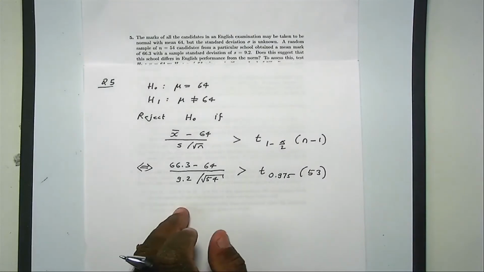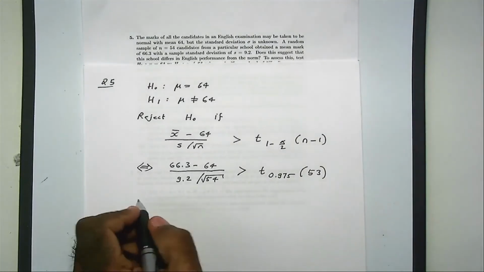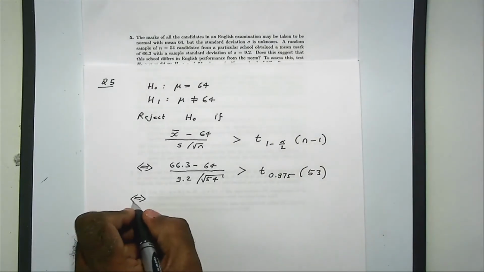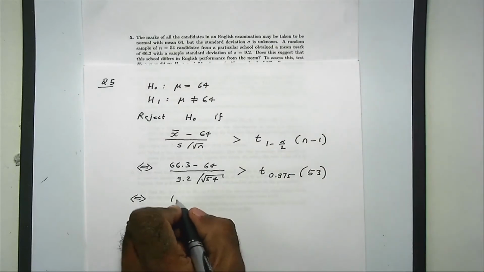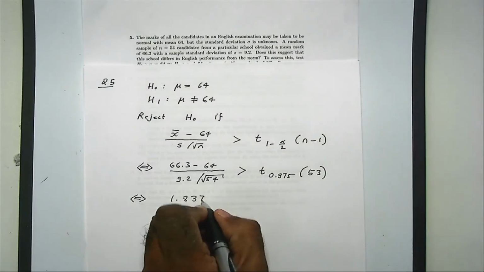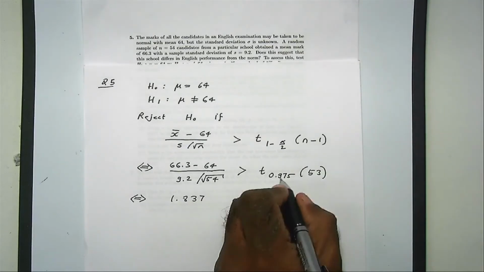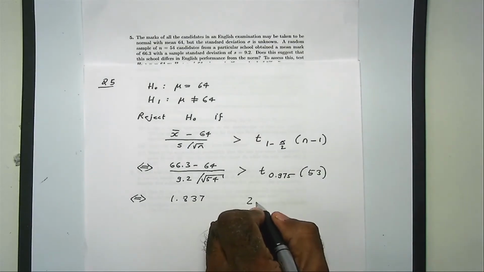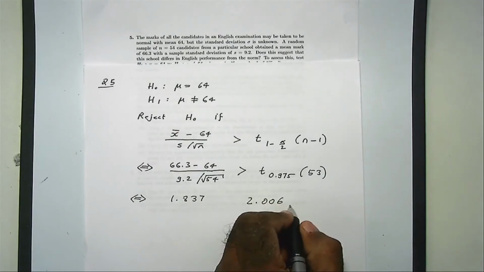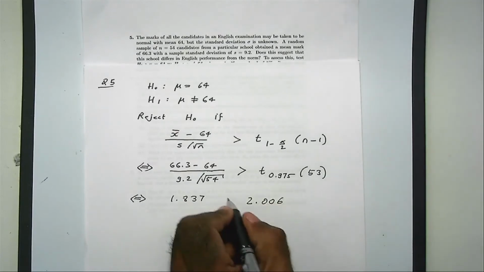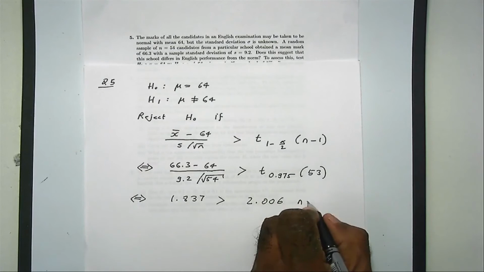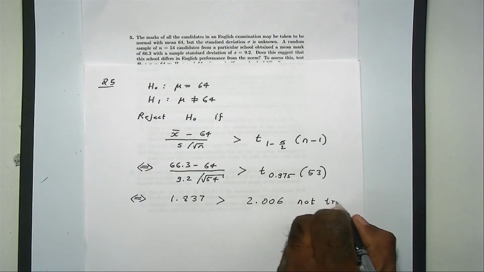Now if you compute this, you will get this to be 1.837, and if you read this from the table for the t distribution, this will be 2.006. And clearly, this is not true.